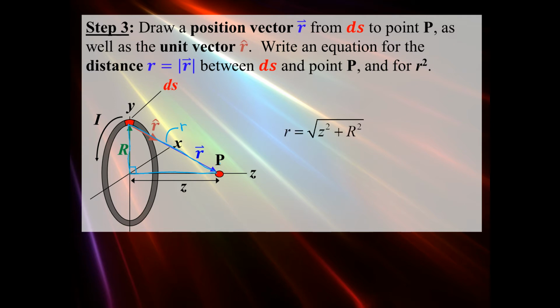So using Pythagorean theorem, r is equal to the square root of z squared plus capital R squared. Or we can write down an equation for little r squared, and that would be equal to z squared plus capital R squared. I've done both of them here because we're going to have to make use of both r and r squared, and I just want to have equations prepped in advance for when I need to use them.